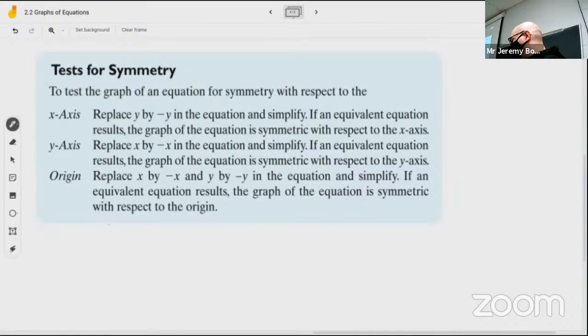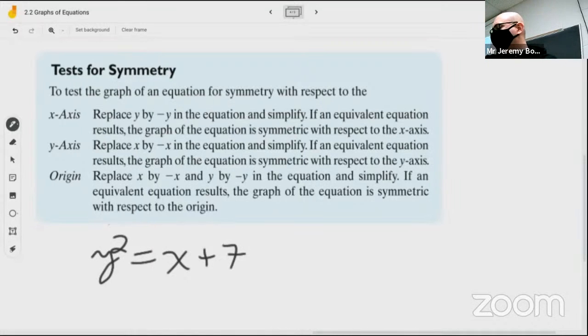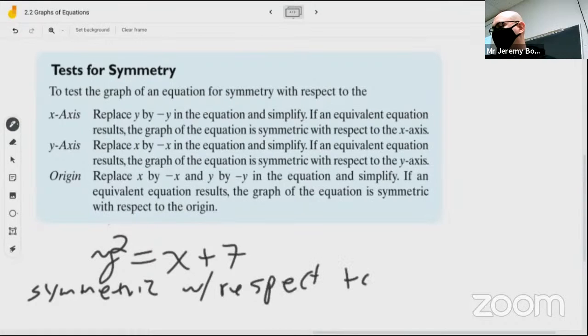But what if we have y squared is equal to x plus 7? And I want to see, is that symmetric with respect to the x-axis?